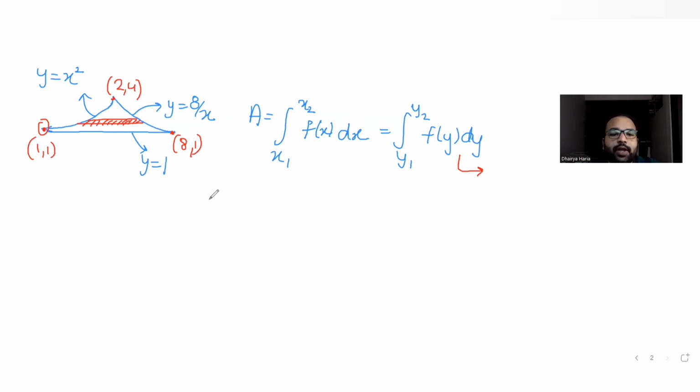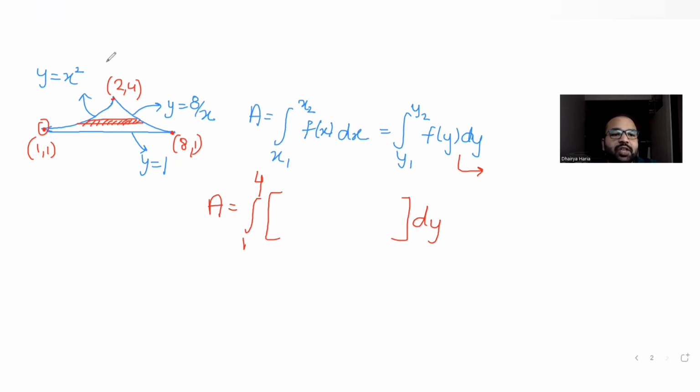So the area in this case becomes the limits of y1 to y2, meaning the strip is going from the bottom to the top. So your limits of y are from y equals 1 to y equals 4. So this is 1 to 4. Now f of y dy, let's understand the function. The function of y represents the area that we are finding.